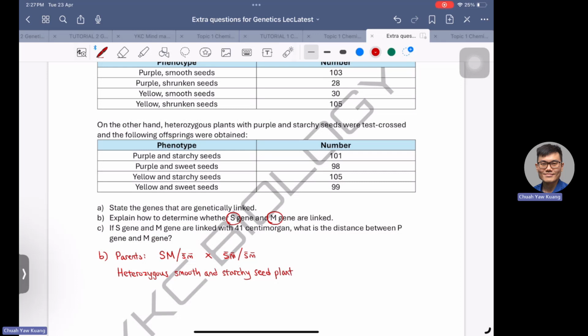You will take a plant that is heterozygous smooth and starchy seed, and then you will do the test cross with this individual that is homozygous, small s would be shrunken, and small m would be sweet.